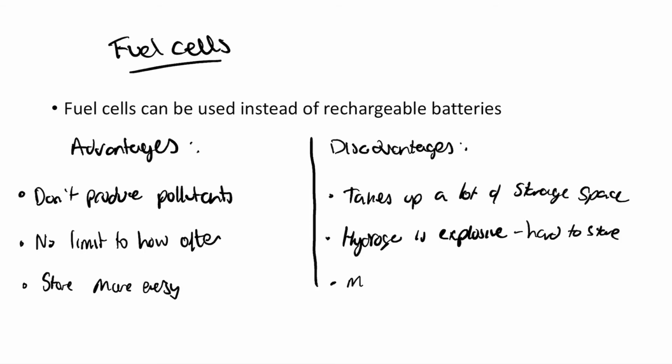Okay, so it's made from hydrocarbons or electrolysis. So as you can see, there are lots of advantages and disadvantages to using fuel cells, and you do need to know these, so make sure you do remember these.